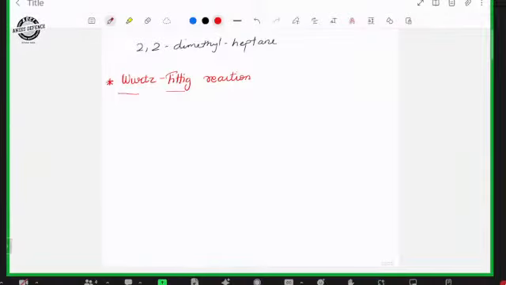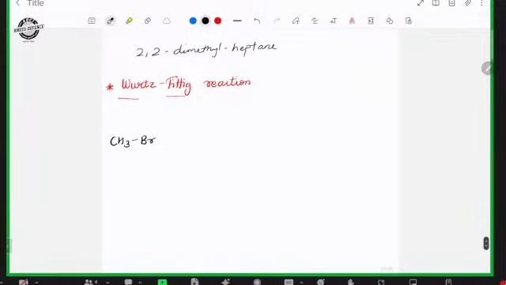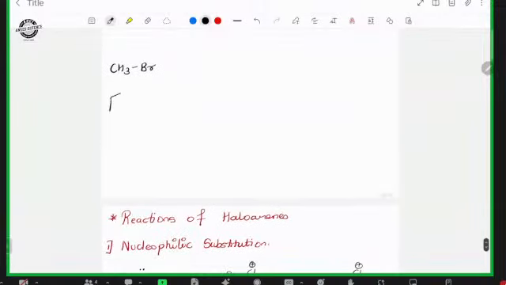Wurtz part can be basically any alkyl halide. So let us take CH3Br. And for Fittig, we are going to take an aryl halide, a benzene ring, so bromobenzene. Now again, I'm going to use 2 moles of sodium metal, and the reagent will be dry ether.